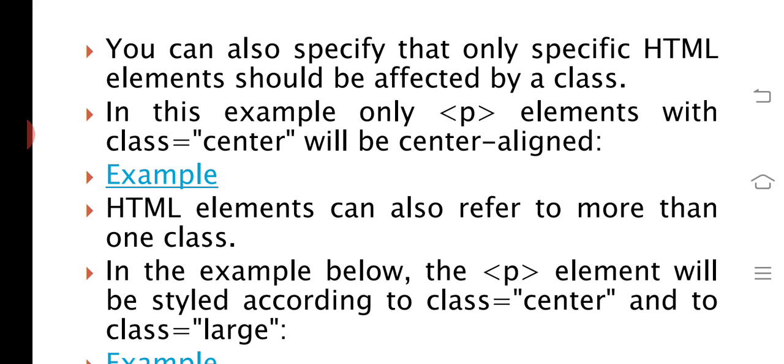For example, an HTML element can refer to more than one class. Then the P element within the open tag and close tag will be styled according to the class equal to center and the class equal to large within quotes. It is center aligned, here large.